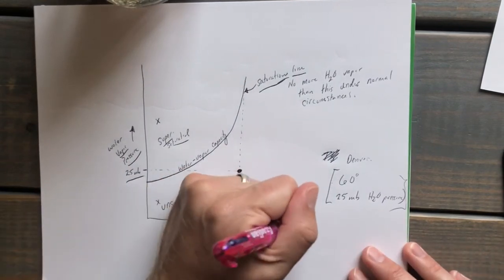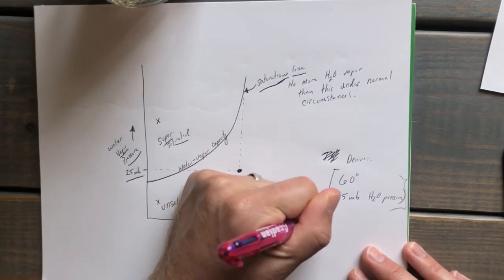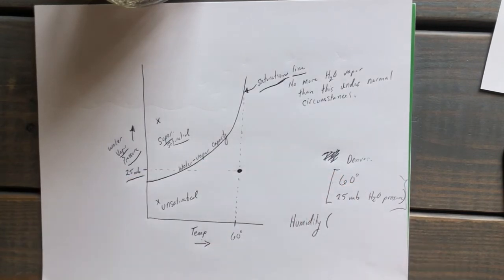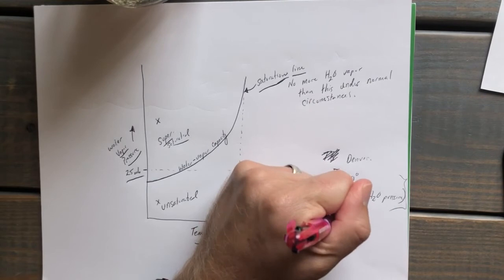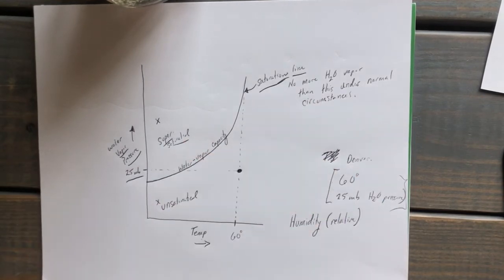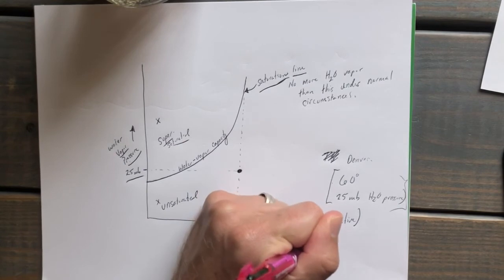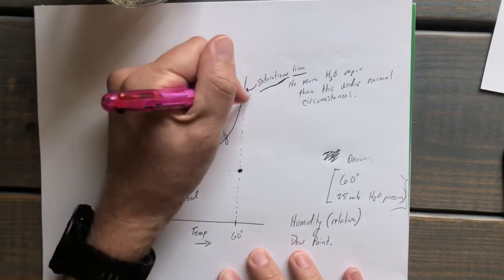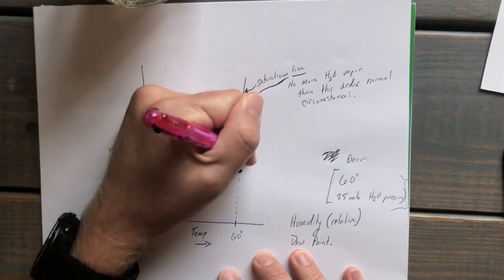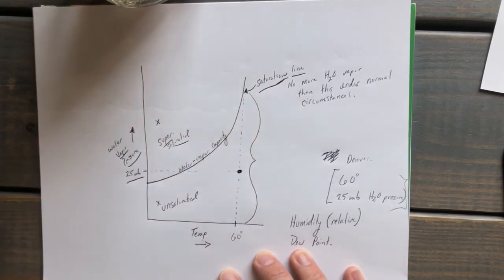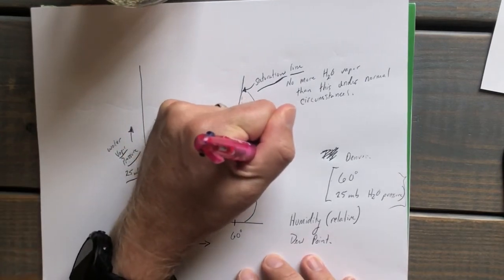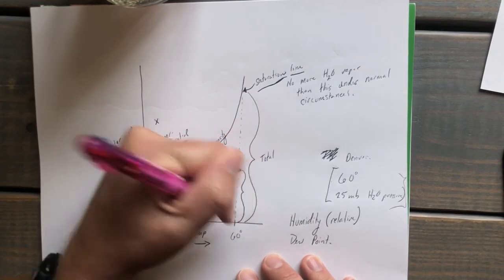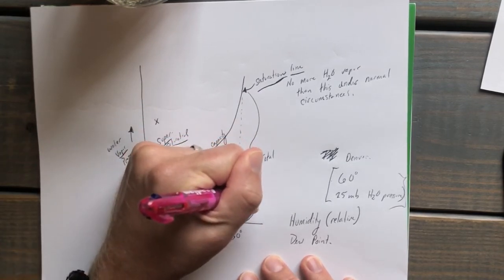Typically, what's reported is humidity. And anytime you look at a weather app, typically you're looking at relative humidity and dew point. What are these two numbers? Humidity is a ratio of the total amount of water vapor that can be held compared with the amount of water vapor present.